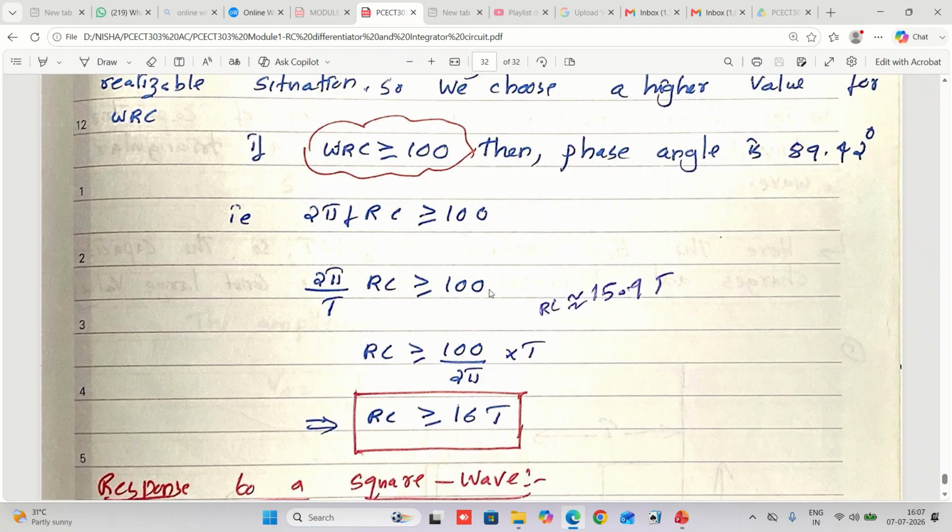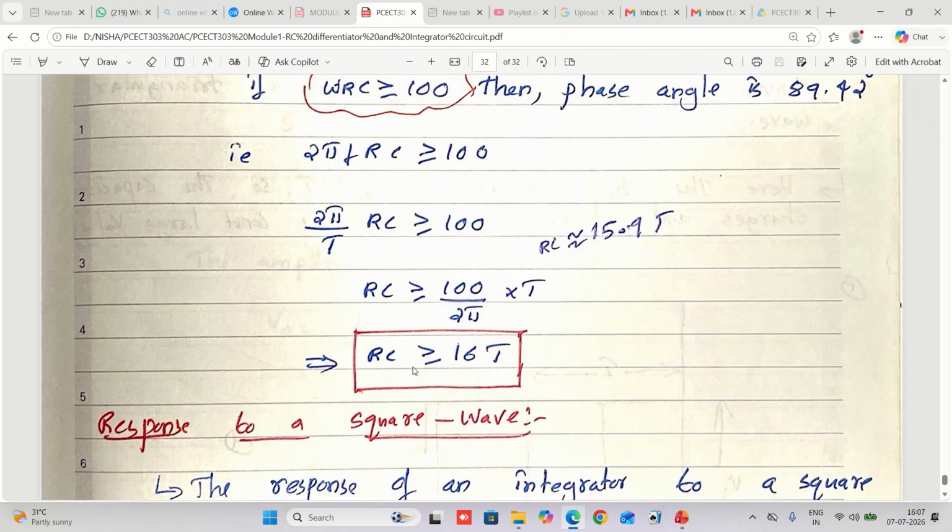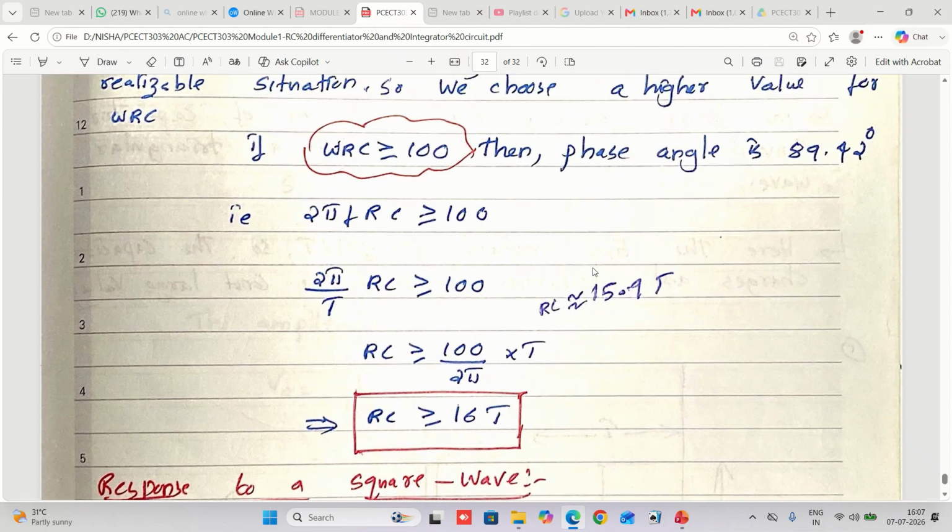By rearranging this equation and cross multiplying T to the numerator side by 2 pi, the RC time constant should be greater than or equal to 16T. Mathematically calculating, the exact value is RC equal to 15.9, so we are approximating 15.9 to 16. So the condition for an RC circuit to act as an integrator is that RC should be very much greater than or equal to 16T.